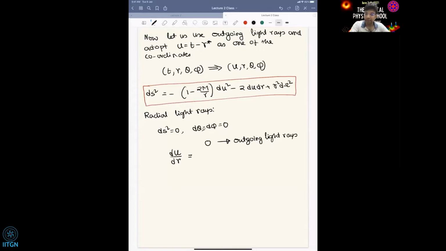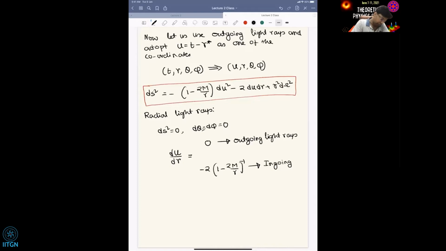The other solution, which you can immediately verify, must represent the ingoing ones. Just like the previous case, we solved the ds squared equal to 0 equation and found the ingoing and the outgoing light rays. Let us understand what happens to the previous argument here, to understand the properties of the r equal to 2m surface.